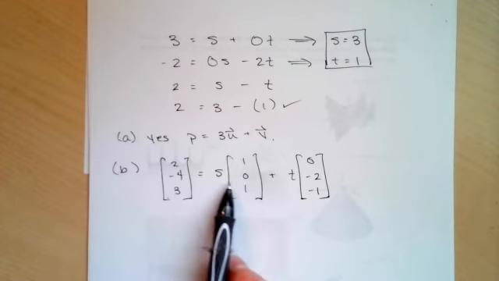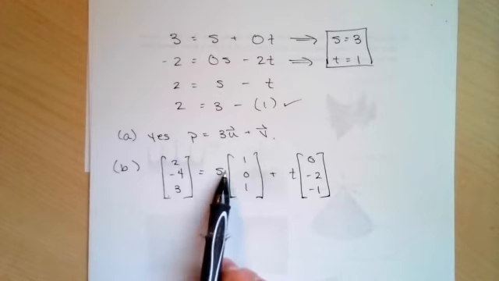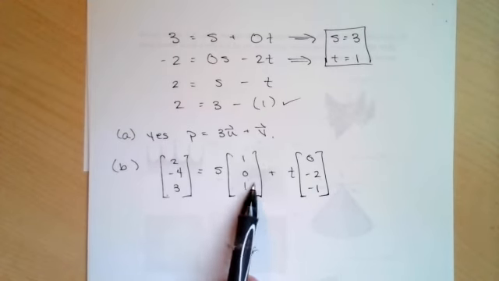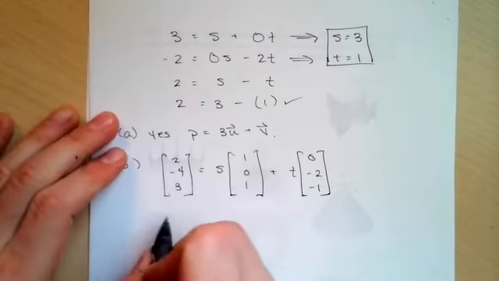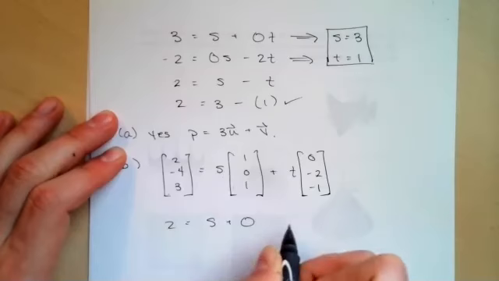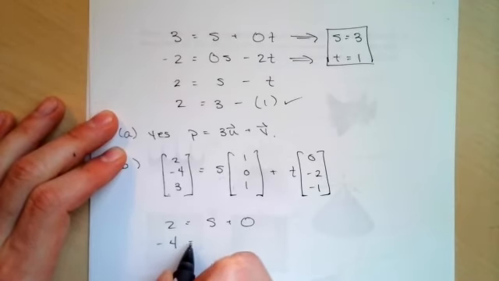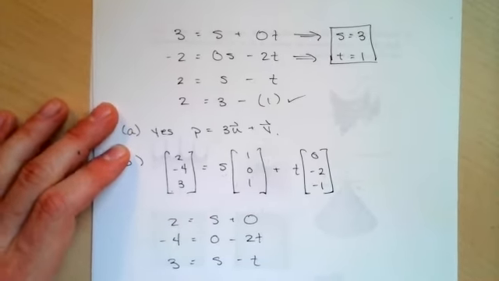And if it is on the plane, it should be able to be written as a linear combination by walking S units of U and T units of V and arriving at our point. So this gives us a system of linear equations. 2 is equal to S plus 0. -4 is equal to 0 - 2T. And then 3 is equal to S - T.